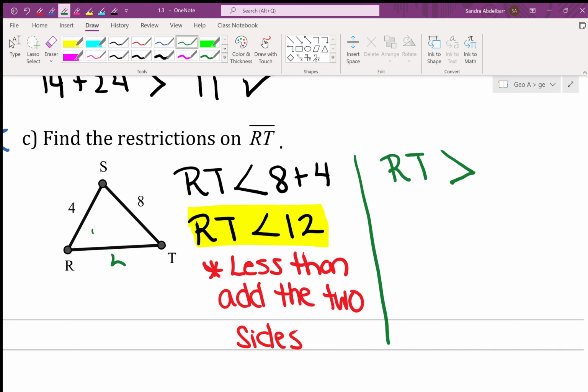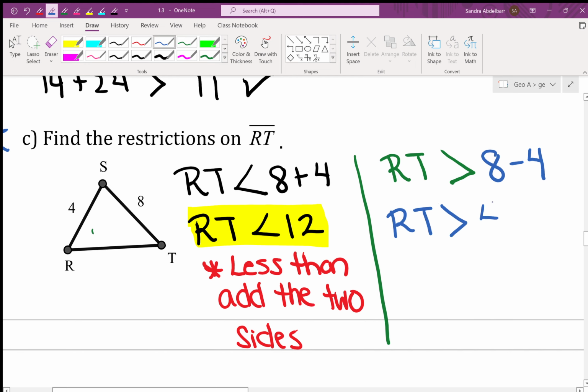So how did we get 4? You take your two sides and subtract them, and that's how we get the number it has to be greater than. So RT is greater than 4. So then I'll put a star and I'll say greater than, let's do it in a different color so it stands out to you. Do pink.